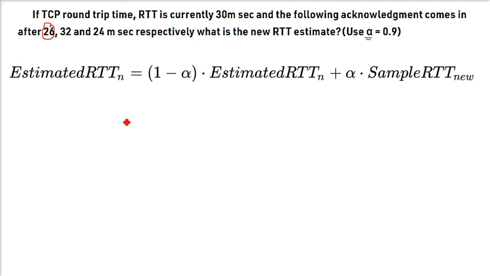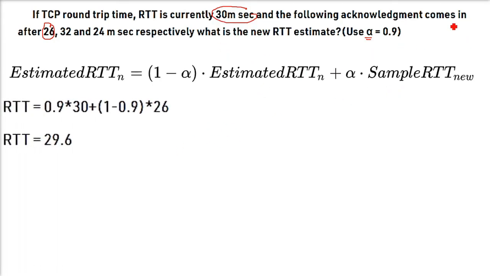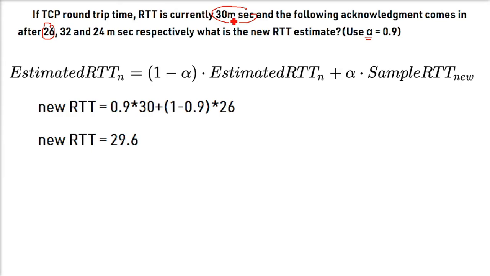This is the expression we are going to use: estimated RTT equals estimated RTT times (1 minus alpha) plus sample RTT times alpha. The estimated RTT we take as 30, the sample RTT we take as 26, put the value 0.9, and we get 29.6. This is the new round trip time, RTT.